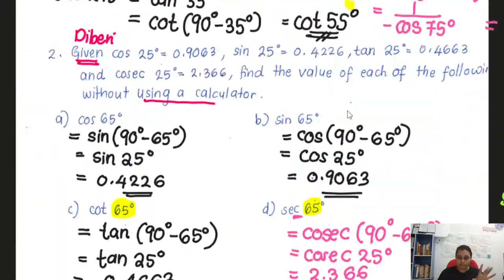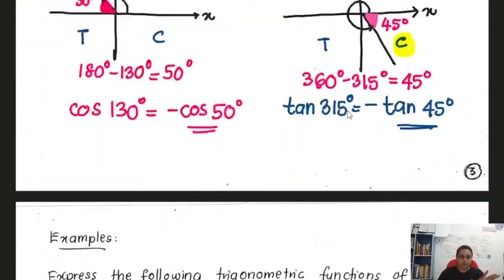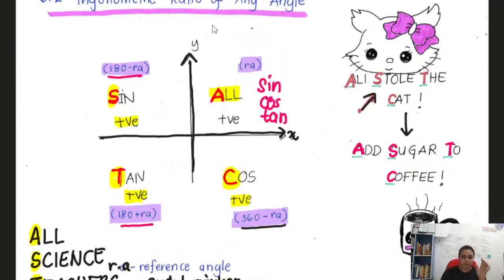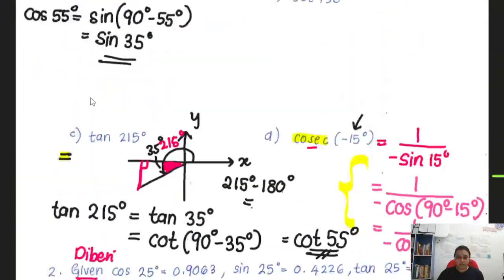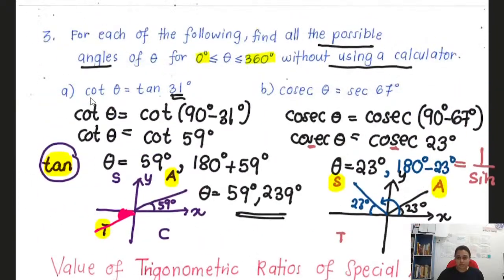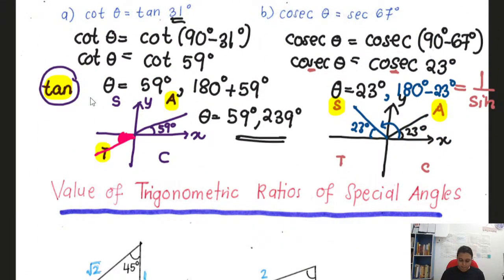I go back, I show you in case you forgot, because I don't want you all to be confused. See here, kalau second quadrant, 180 minus the angle that you got. So kita tolak 23. So 180 tolak 23 we get 157. So theta got two answers: 23 dan 157.